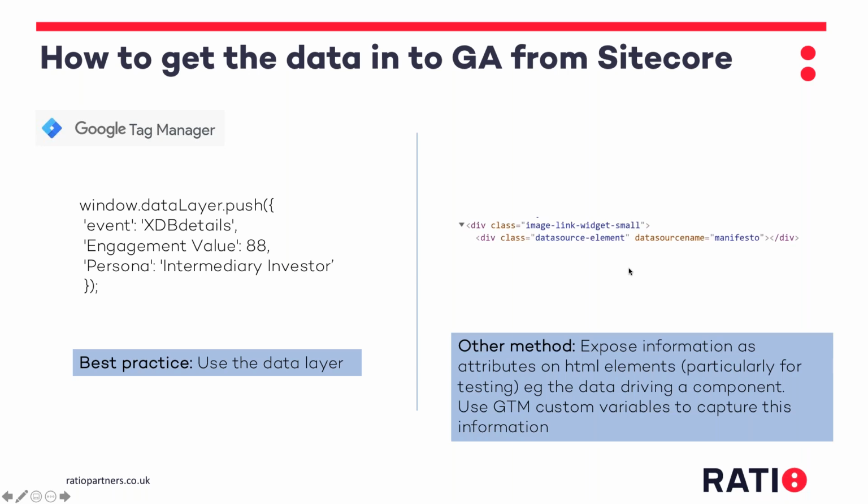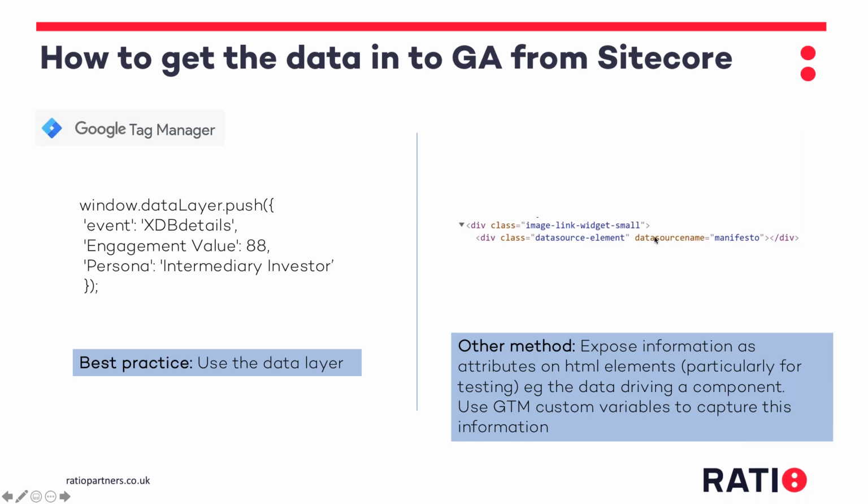It reduces the risk of things changing that you're not aware of. But the other method that we have used with some clients for different reasons is, within the HTML of the page, to expose some information about the component, again in a hidden way, but literally within the HTML rather than in this data layer object I'm referring to.